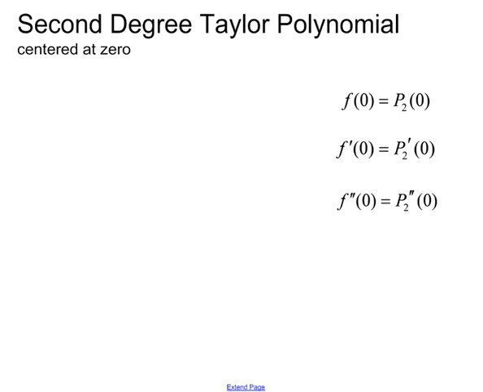So in our 2nd degree Taylor polynomial, we're going to have another point that's the same. Remember, in a 1st degree, we always need the point a, f of a, and we also needed the 1st derivative, f prime of a, which basically said that our tangent line has the same point and the same slope as the curve. In a 2nd degree Taylor polynomial, we're going to go one step farther.